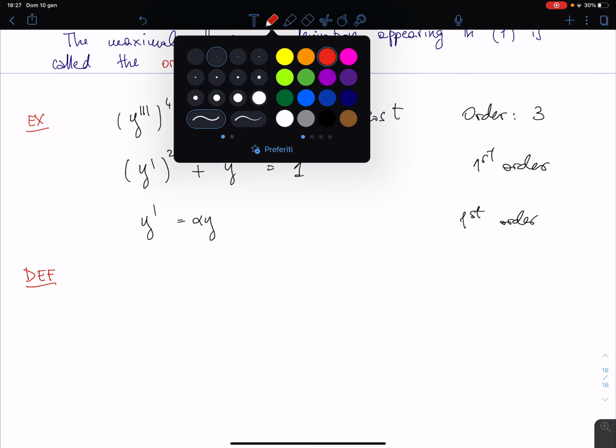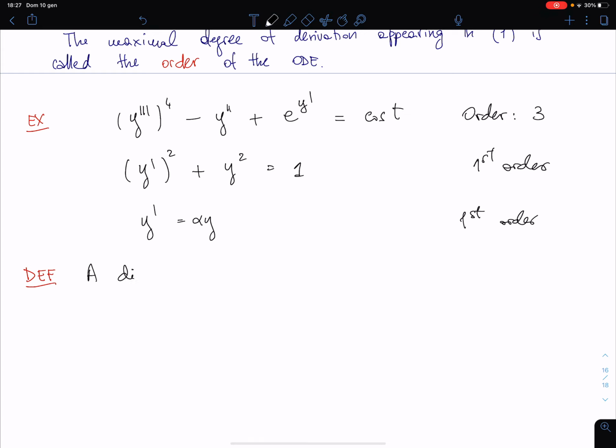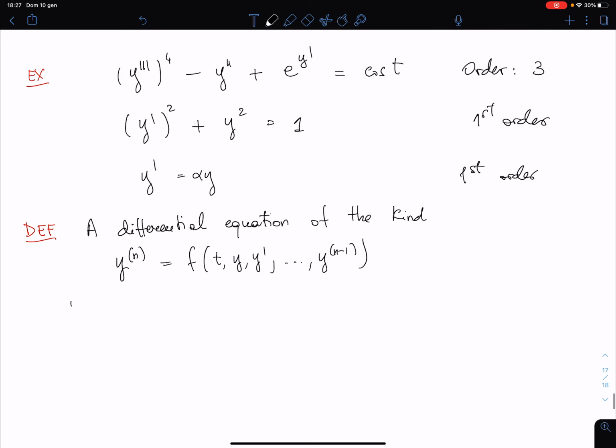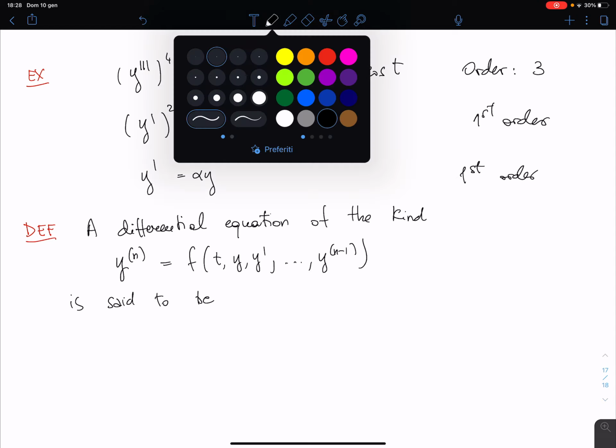A differential equation of the following kind, y^(n), the nth derivative of y, is equal to f of t, y, y prime, up to y^(n-1), is said to be in normal form.